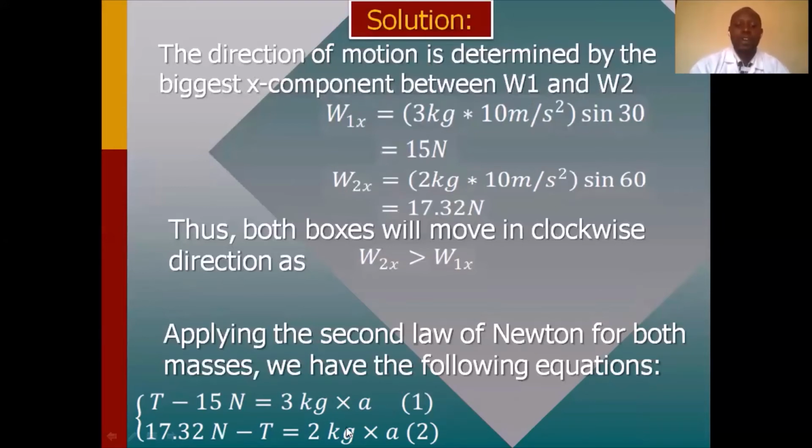Applying the second law of Newton on mass 2, we are going to get 17.32 minus tension is equal to 2 kilogram times acceleration. Remember, 15 is weight 1x, 17.32 is weight 2x. So to get the acceleration of the system, acceleration A, we are going to add equation 1 with equation 2, to get one equation to represent the system.